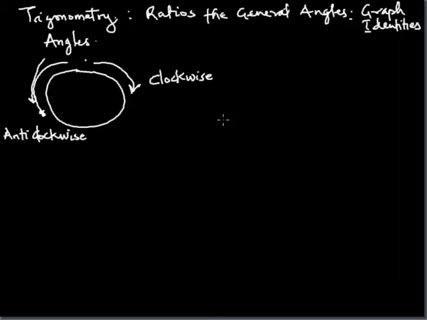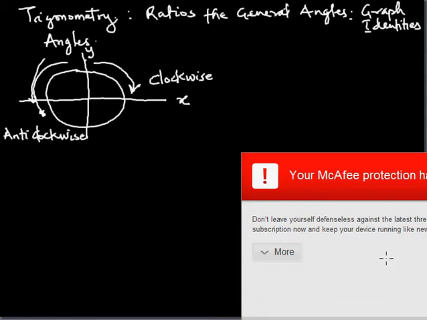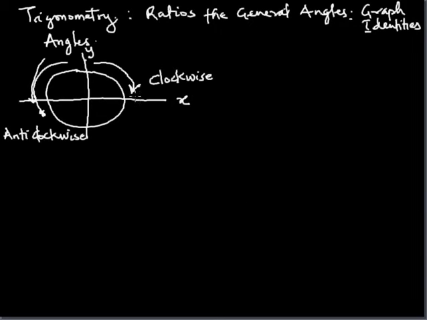Now, when you're not talking about angles, this is the x-axis. This is the y-axis. This is the x-axis on the positive side. This is the y-axis on the positive side. This is the x-axis on the negative side.